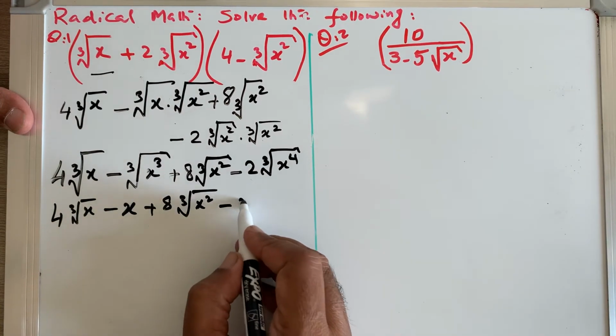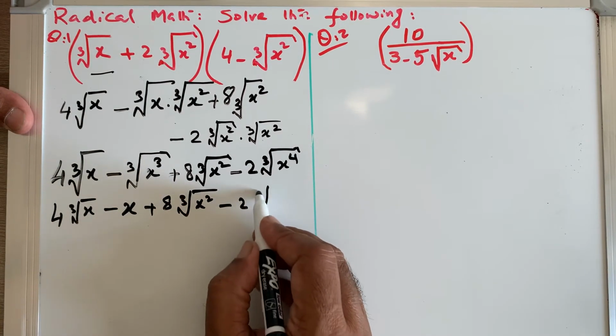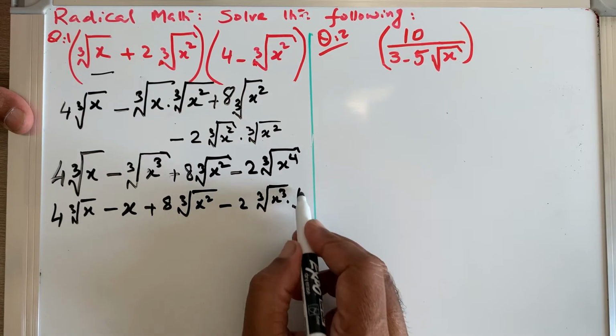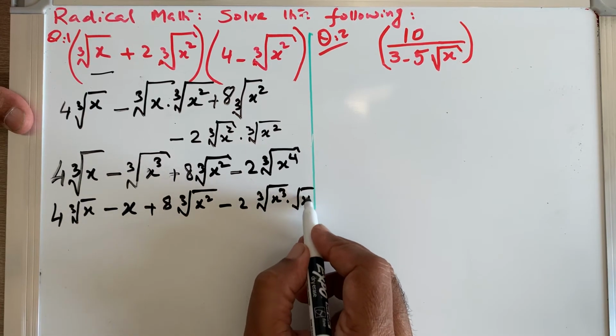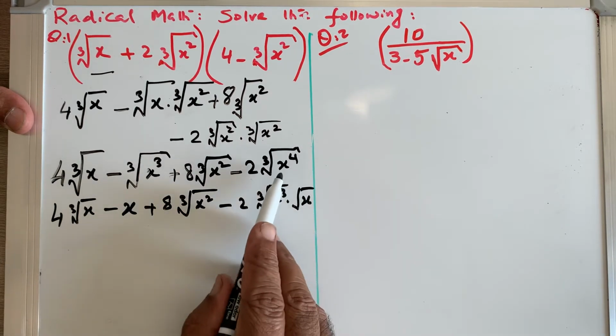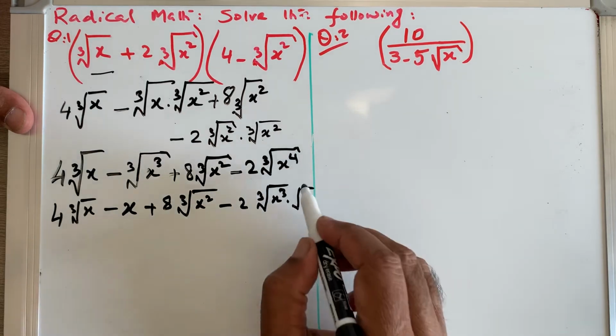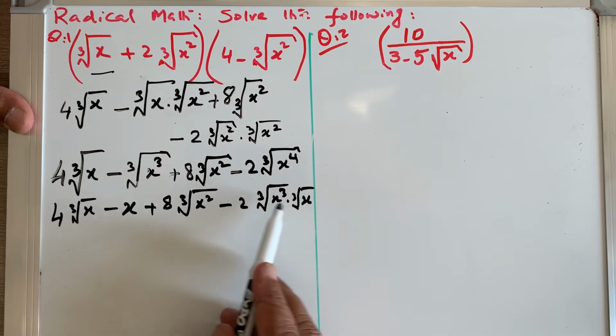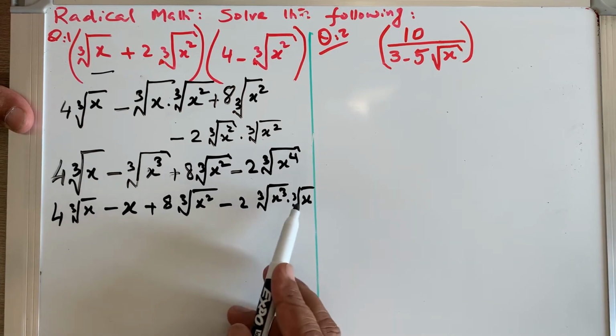Minus, I can rewrite this as cube root of x cube and another x, right? So I break this x power 4 as cube root of x cube and x.